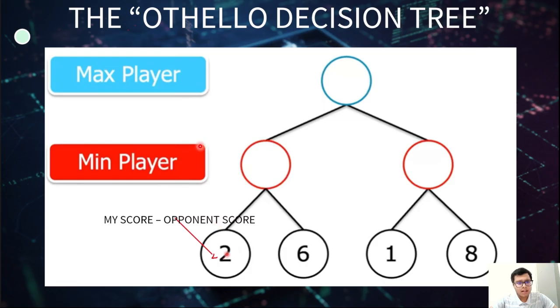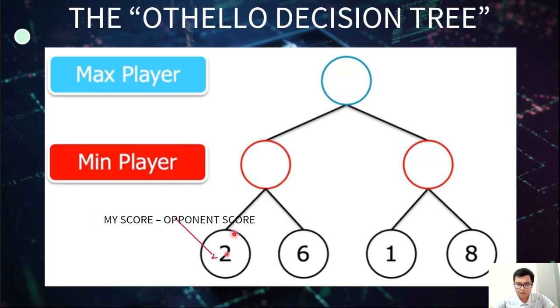Okay. Now what does a max player mean? Max player is our AI. I would be explaining every slide from the perspective of AI only because I am just optimizing the decision of AI. The human is not in my control. So the max player is AI. For example, if I am playing, I would play to maximize the score.